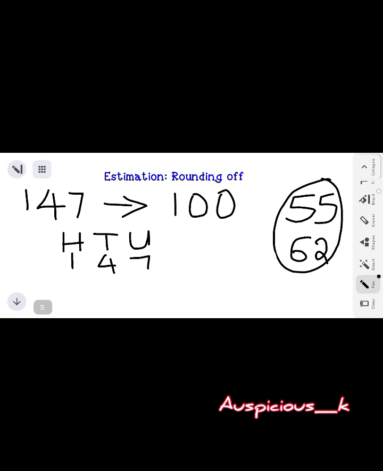So after this, to the nearest 100, I go to the 100th number and then I circle it. The 100th number here is 1. That means I'm taking out number 1. Before I take it out, I have to look at the number behind it. Is it up to 5?